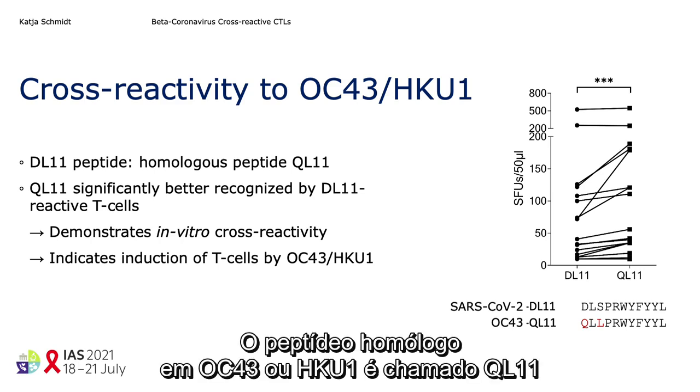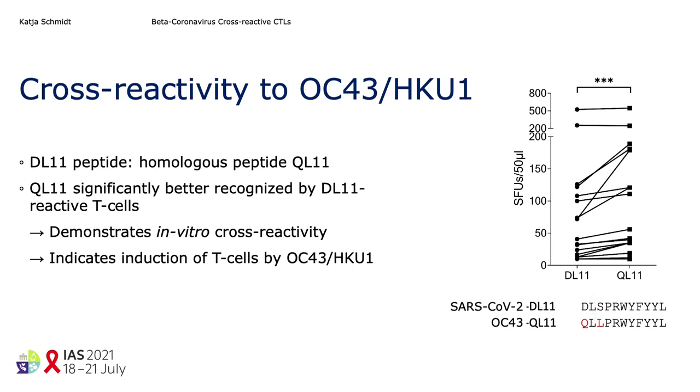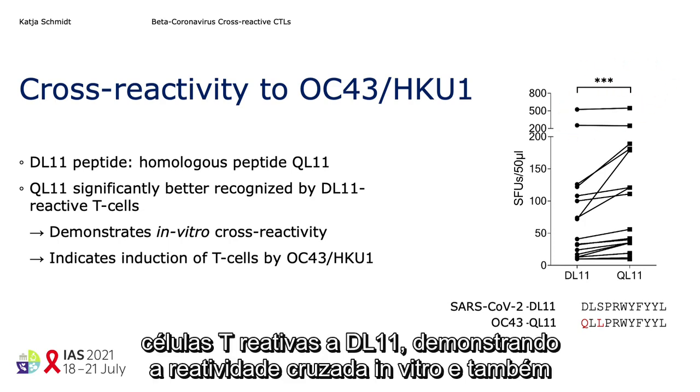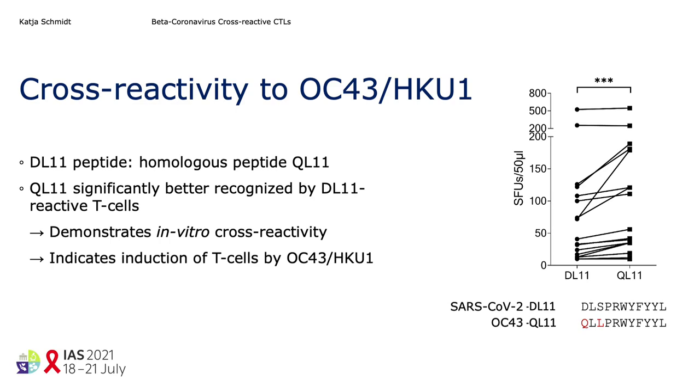The homologous peptide in OC43 or HKU1 is called QL11 with a D2Q and an S2L substitution. And we found that actually QL11 was significantly better recognized by DL11 reactive T cells, which demonstrates the in vitro cross-reactivity and also indicates an induction of T cells by the common cold coronaviruses.